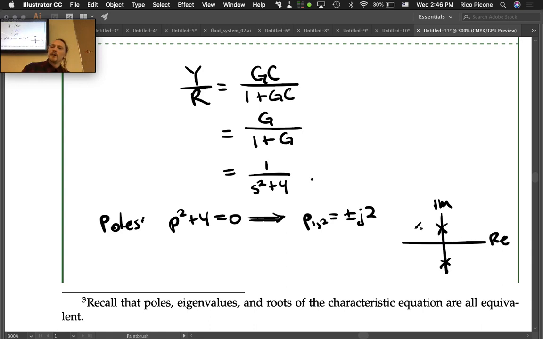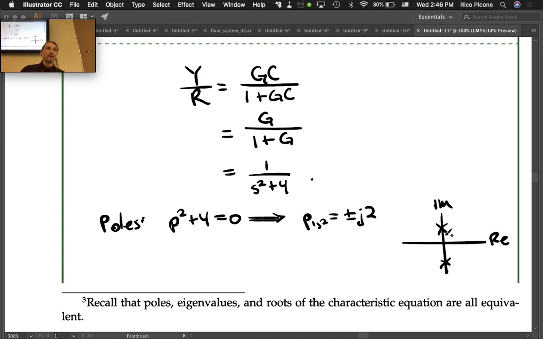Yeah, so it's marginally stable because, first of all, it's not unstable. It would be unstable if it had any positive real part poles, which it doesn't. It would be unstable if it had any multiplicity greater than 1 poles on the imaginary axis, which we don't have.